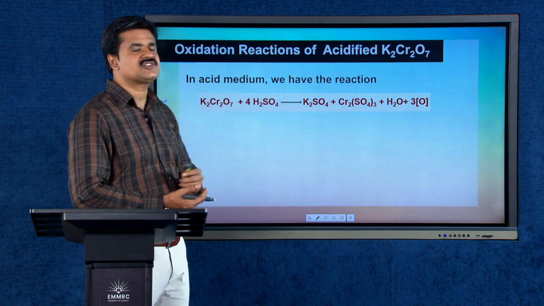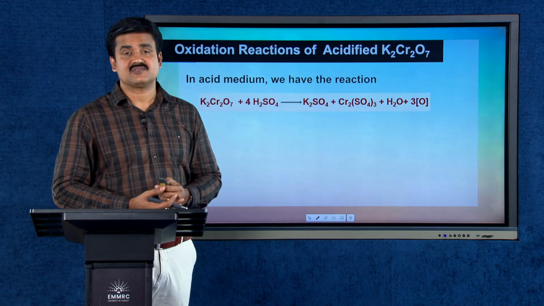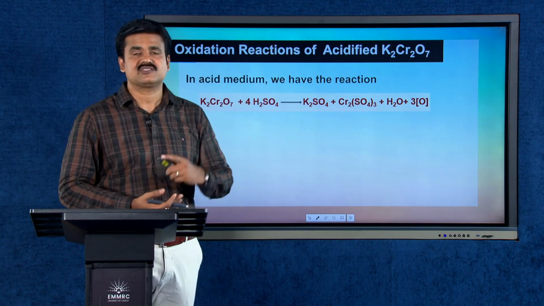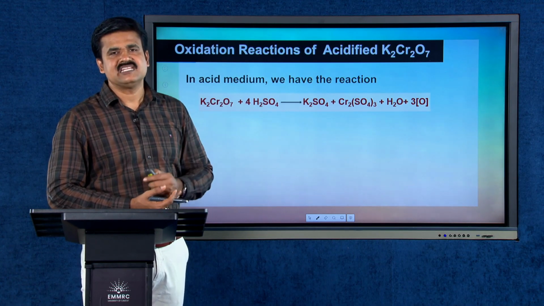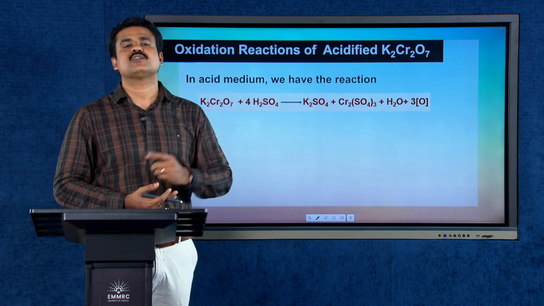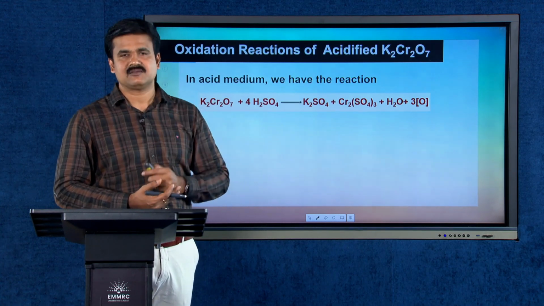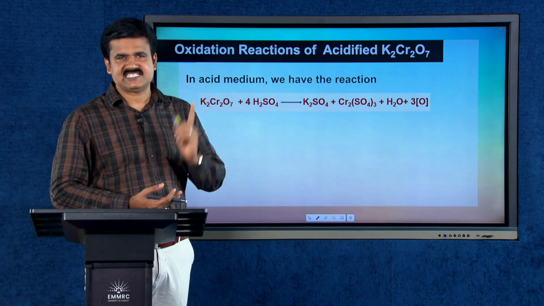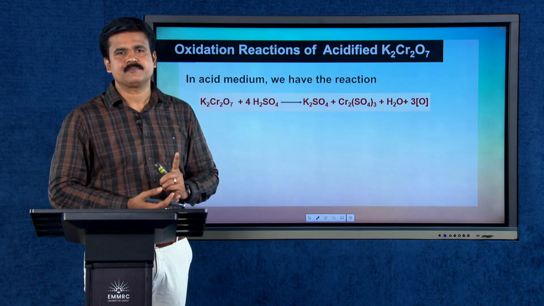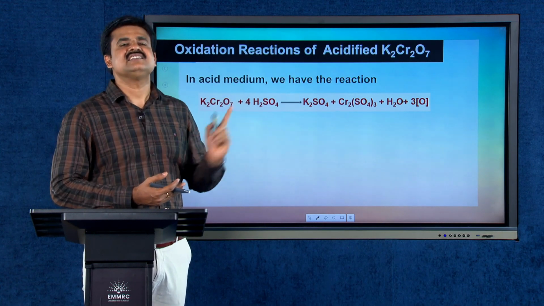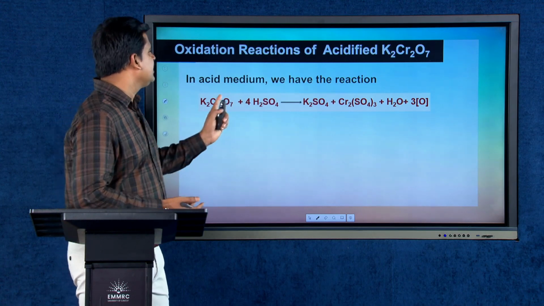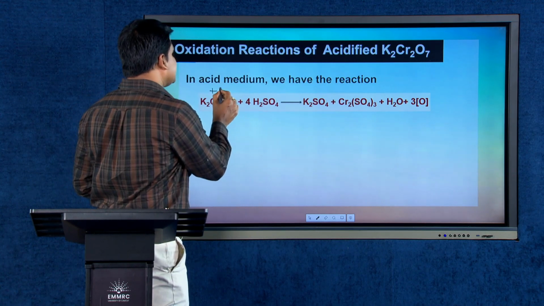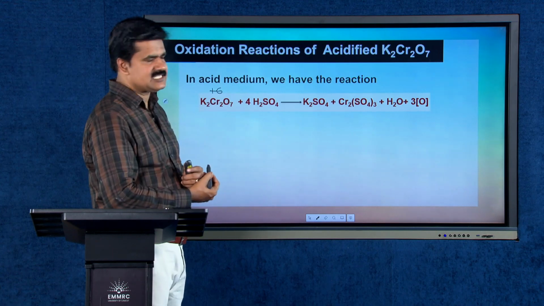That is the same reaction, K2Cr2O7 plus 4H2SO4 gives K2SO4 plus Cr2(SO4)3 plus 4H2O plus 3 nascent oxygen. So, in this reaction, you have to consider one very important thing, that is nothing but we have to use the change in oxidation number as far as this reaction is concerned. Here, chromium is present in +6 oxidation state.